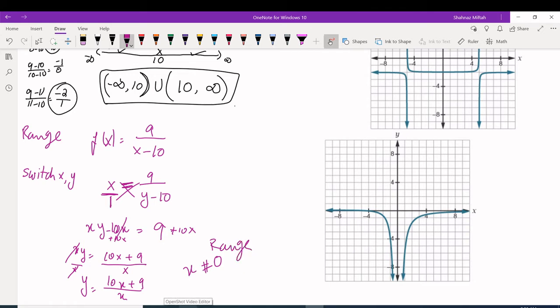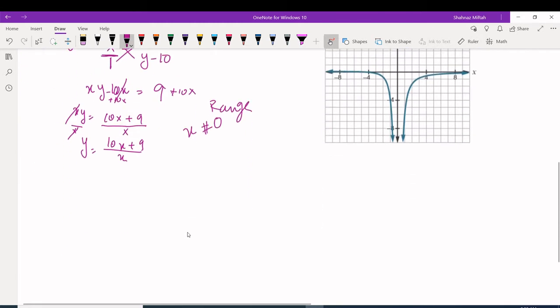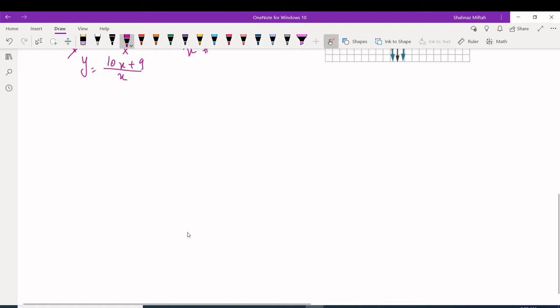Okay, let's talk about intercepts. If you want, you can take notes or pay attention, and this is just the review that I'm doing.